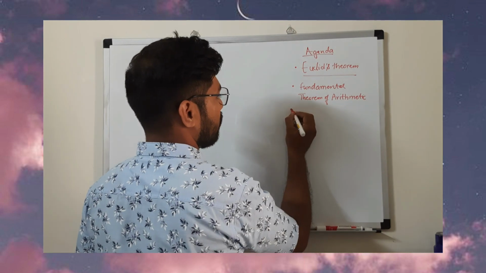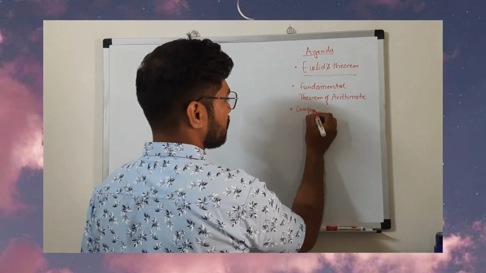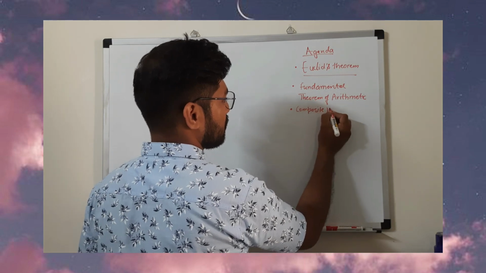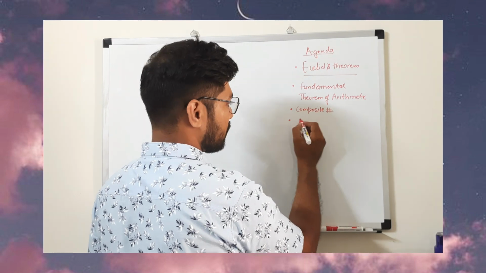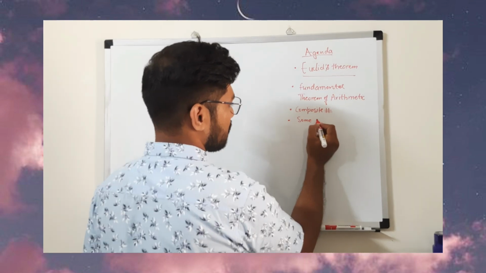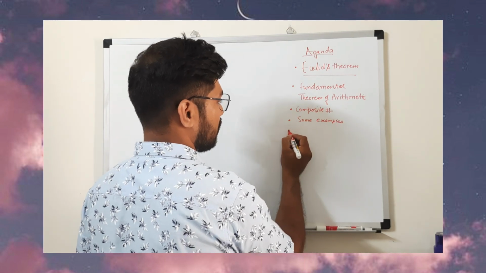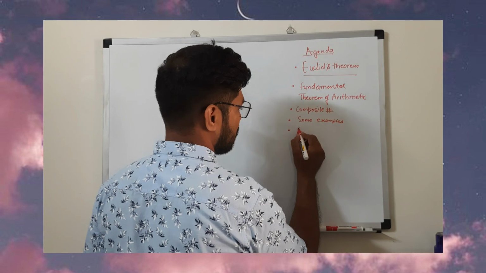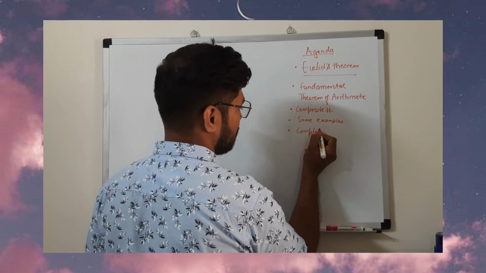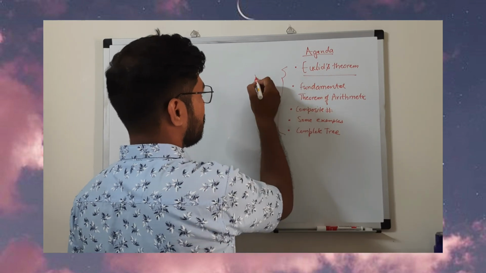Then we see what a composite number is, then some examples, and then we cover the factor tree. So this will be part 1.